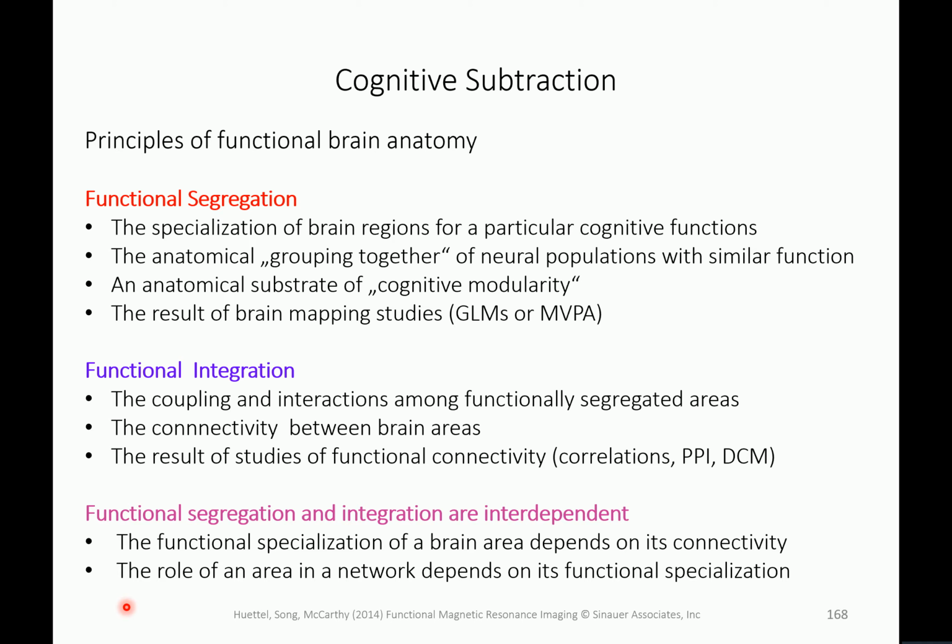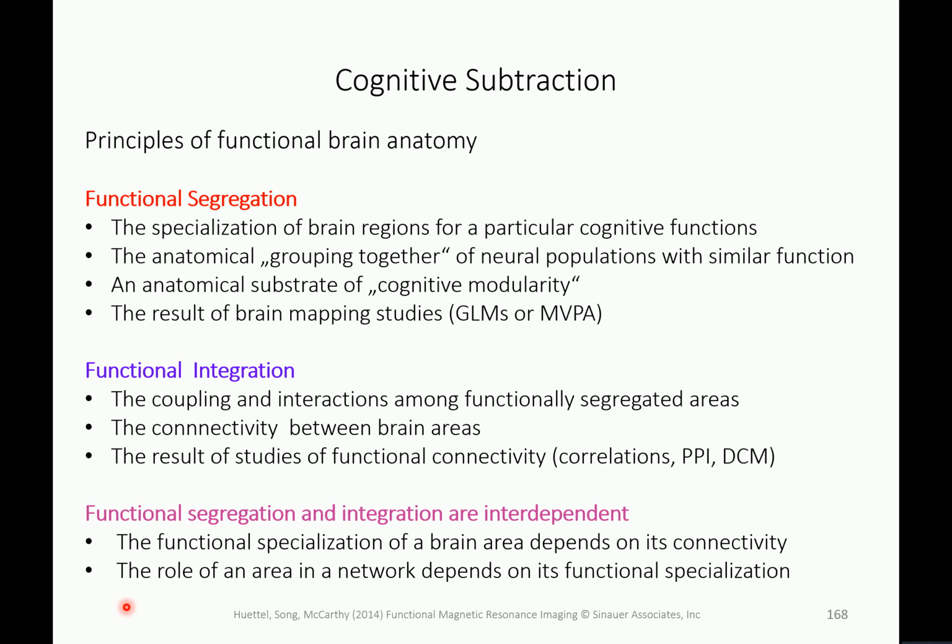If you have something like the fusiform face area, and there would just be a fusiform face area, but it would not be interacting with other brain regions that, for example, relate to motor preparation processes to signal that you've detected a face, then the FFA would not be meaningful.